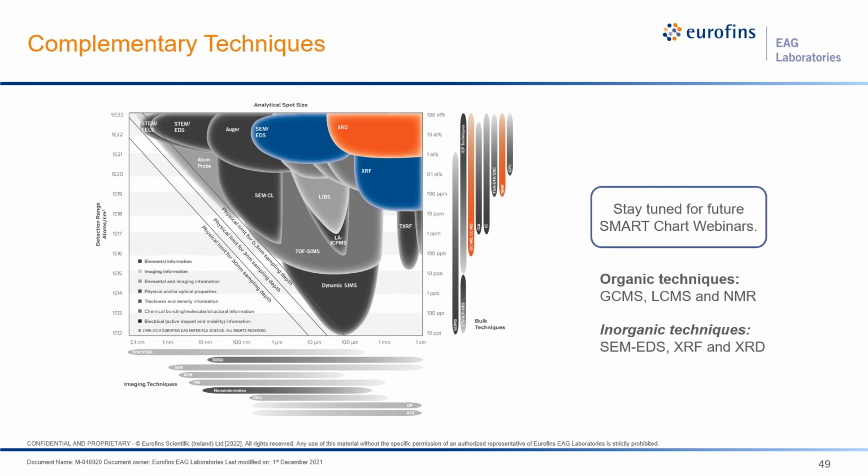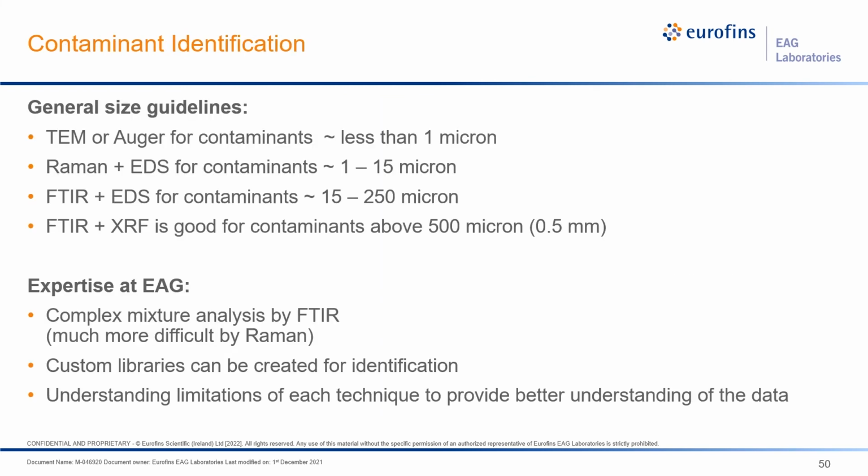With respect to inorganic techniques, the complementary are SEM, EDS, right here, XRF, and XRD. So using those techniques together with FTIR and Raman can really give a lot of information about the structure of the material.